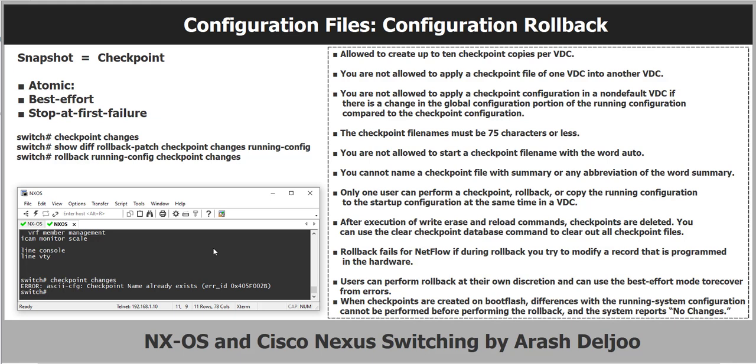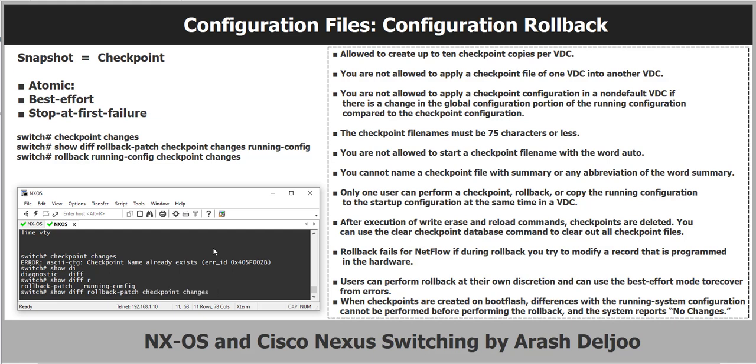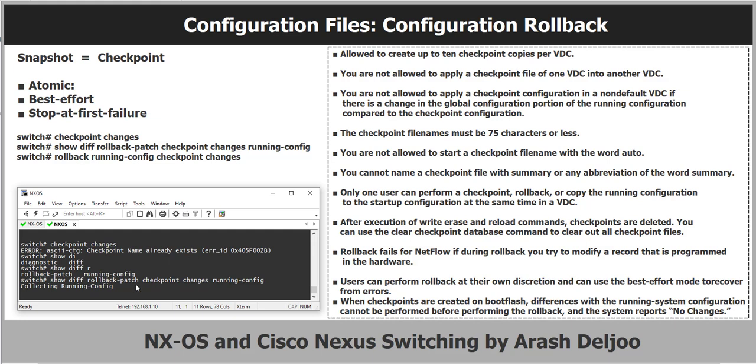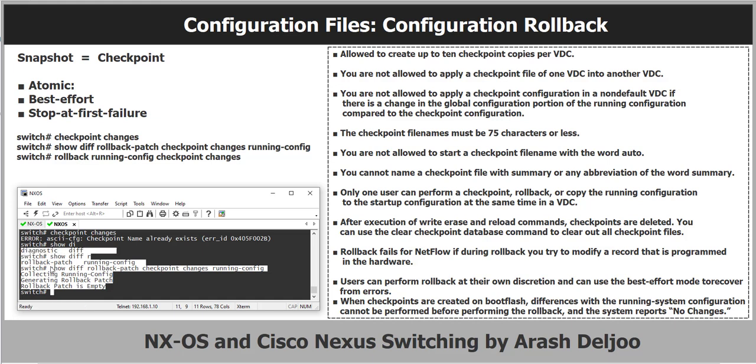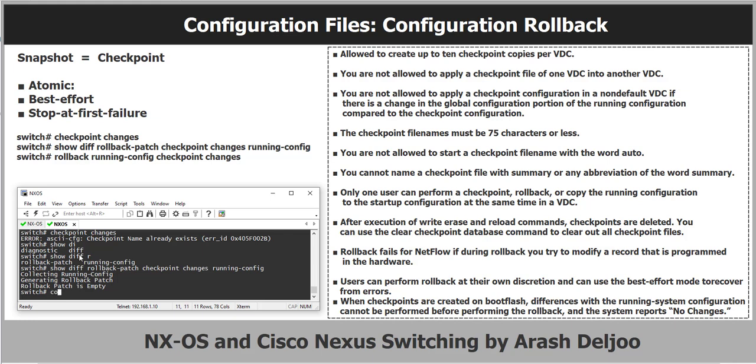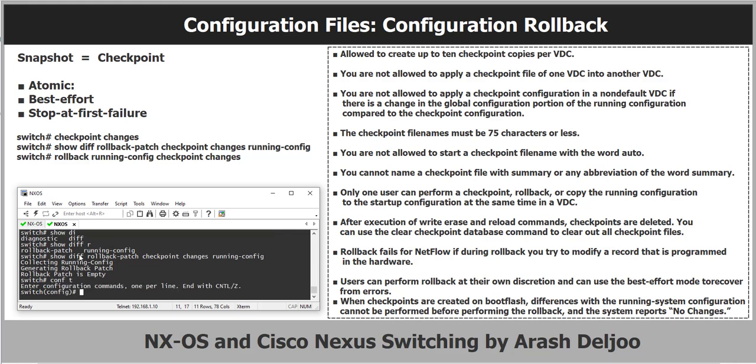After that, if you use show diff rollback patch checkpoint change running config without any change, you will see collecting running config. As you can see, it is empty. It means that we don't have any change. It is obvious. But here we have some options. I will explain them.